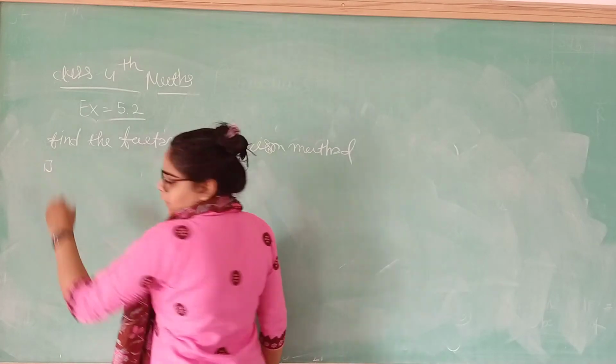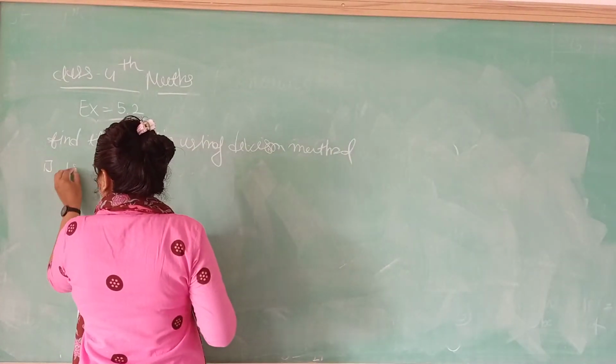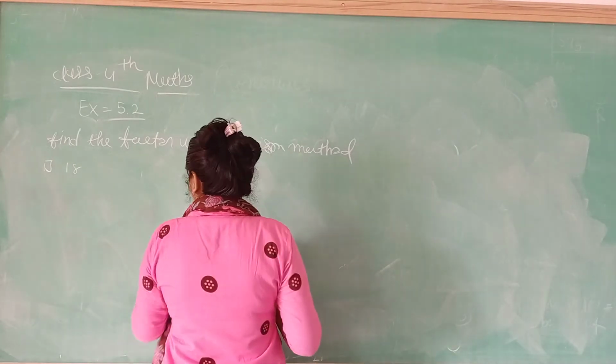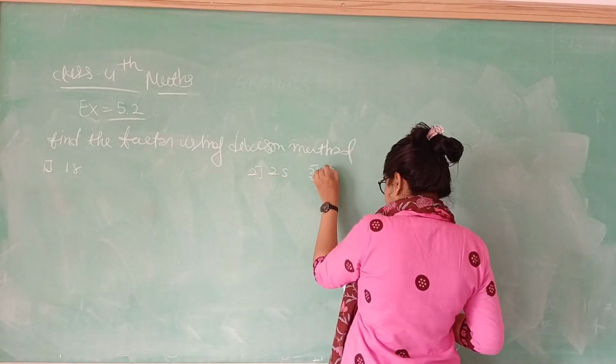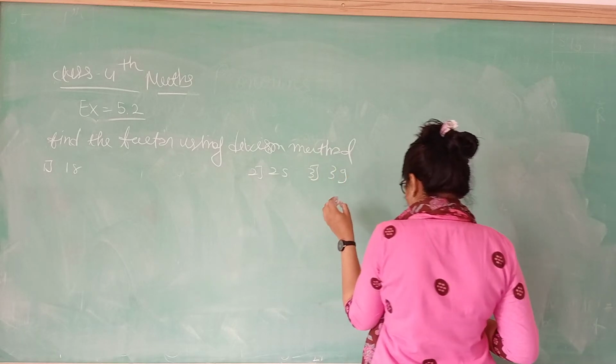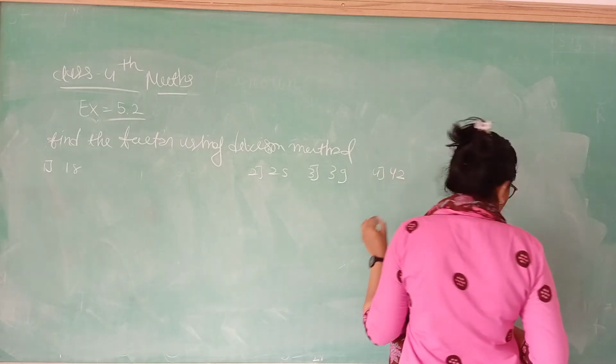In the division method, the numbers are 18, 25, then the third one, 39, and the fourth, 42.